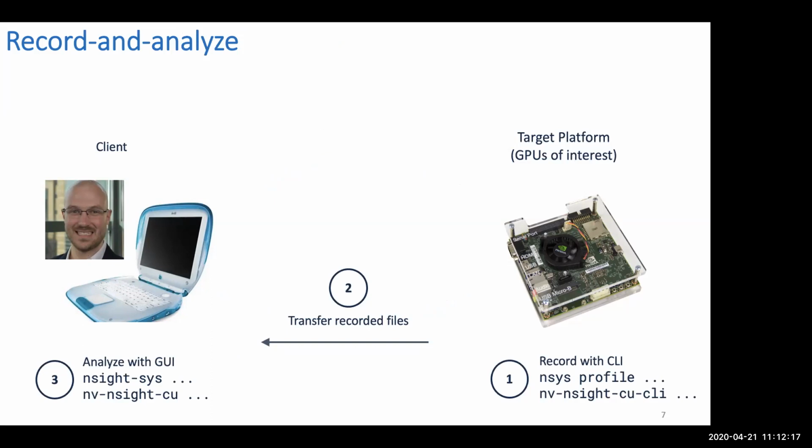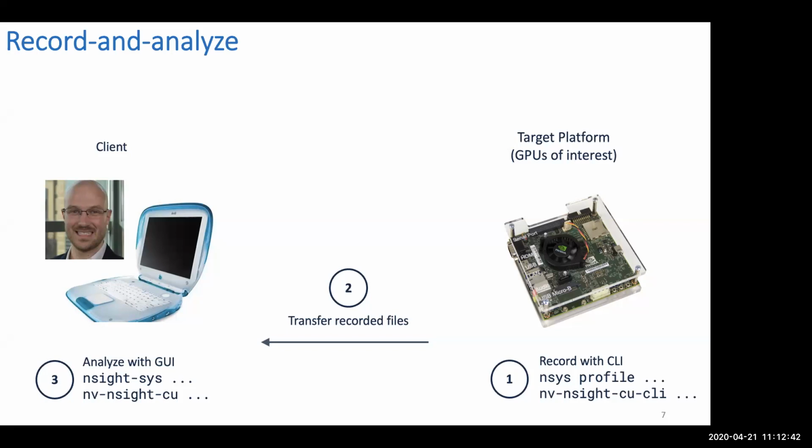Then we transfer those files over to our laptop and analyze the results on our laptop. If we look at those and make changes, we recompile the code, redeploy it to the remote platform, and reprofile. There are ways to streamline this a little using the tools, but for the purpose of a lecture, stepping through that process might not be so relevant.